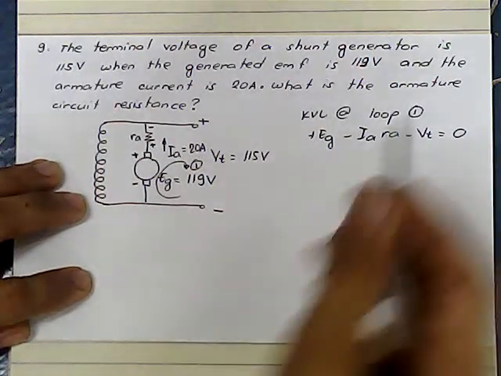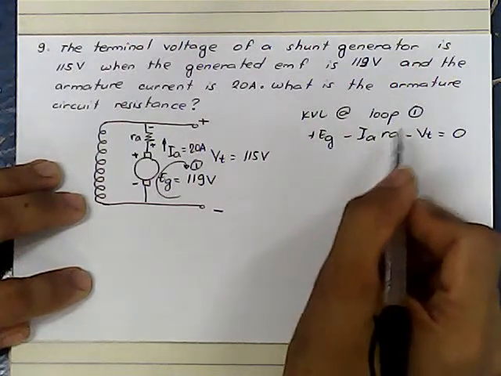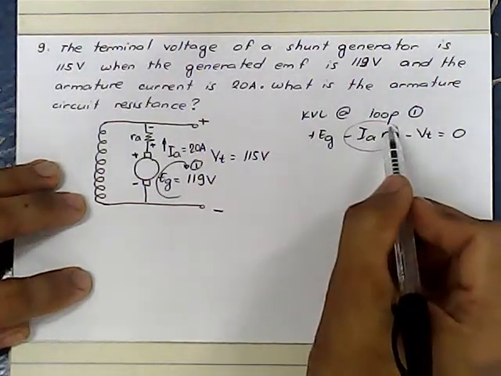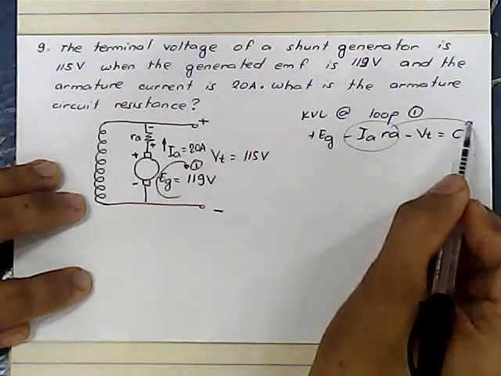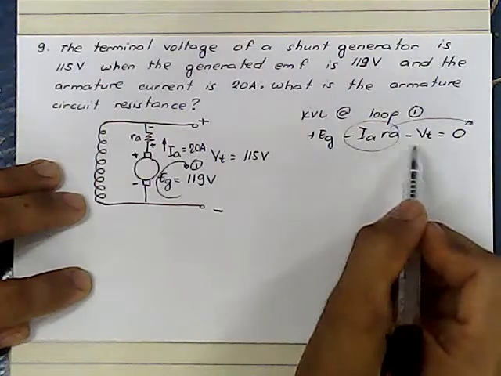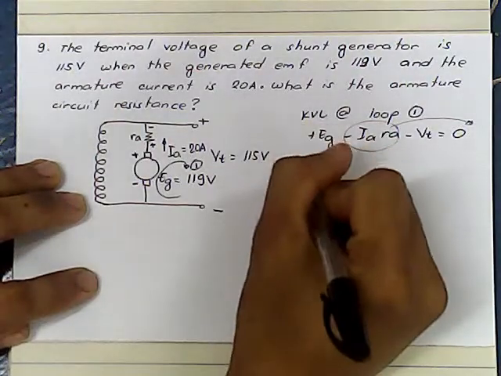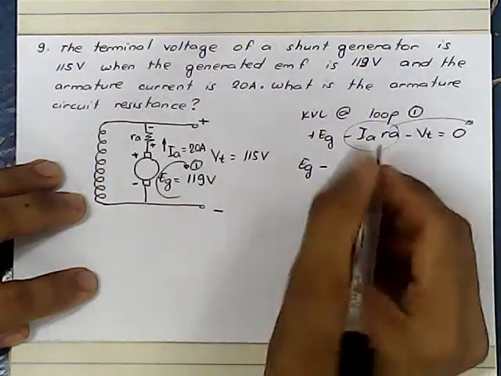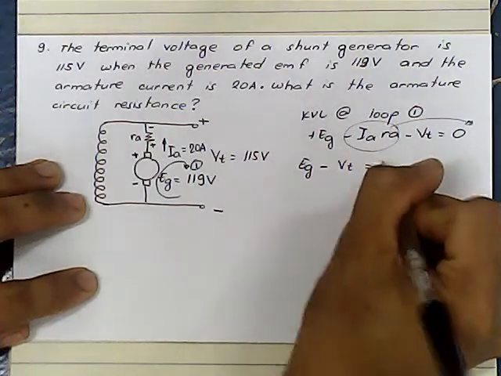Okay, so, ang hinanap natin is the armature resistance. Ngayon, ang gawin natin muna, itong parameter na ito, lagyan natin dito sa kabila. So, magiging positive po yan. Ang maiwan dito is the EG and then the VT. So, EG minus the terminal voltage is equal to, magiging positive po ito, IARA.